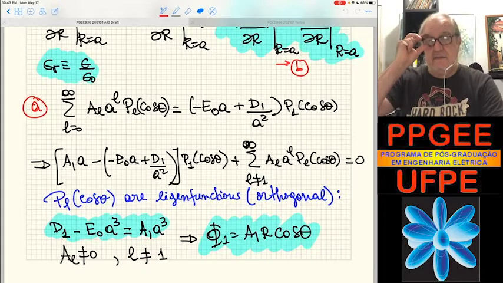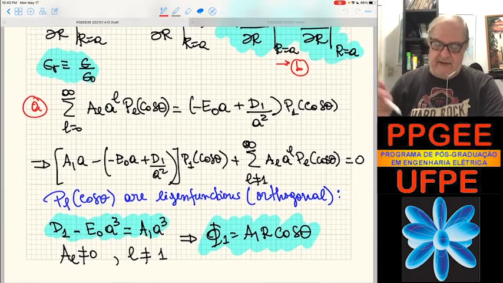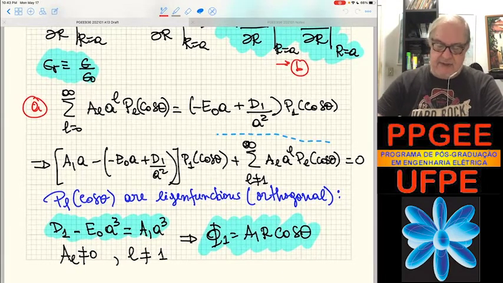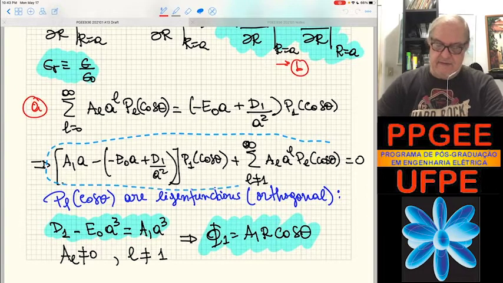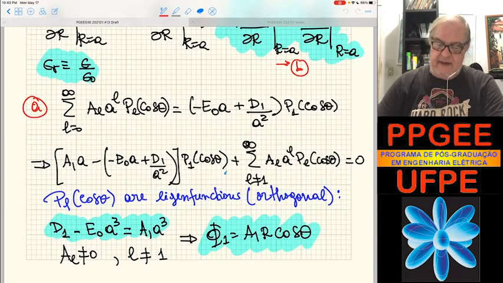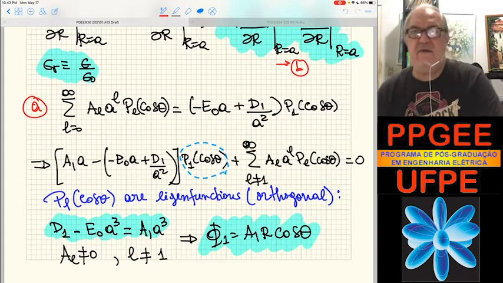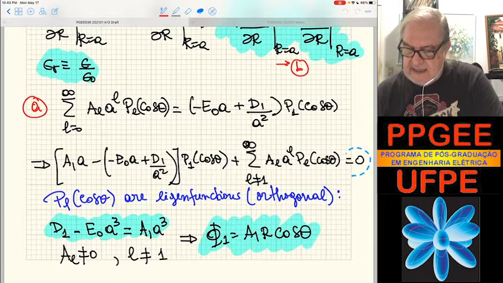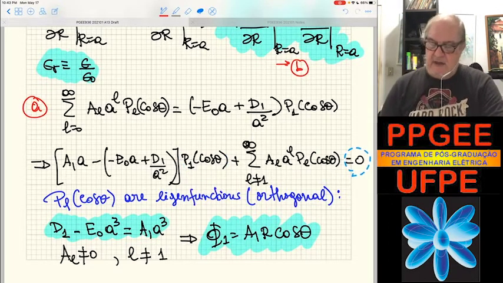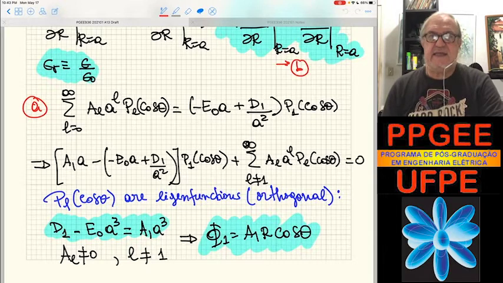Again, we have an expansion in terms of P_L cosine theta, and we see that the expansion is 0. The only possibility is that we set each term of the expansion equal to 0.